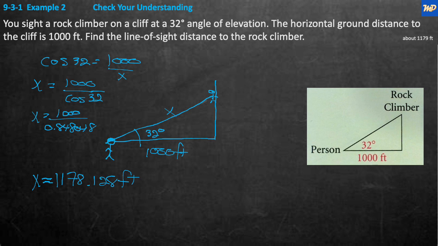So we're looking at an approximate answer of x being equal to 1,178 or 79 feet. And if we add our 6 feet, you're going to get 1,184 feet if you're going to add on for your eyes to the ground.